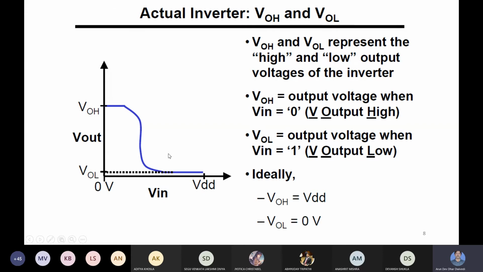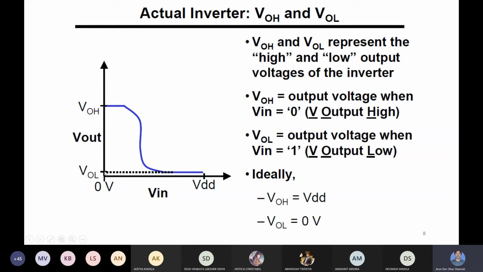This is the main important point: when you are getting VOH, the input will be 0. Another definition we can say is that when the input is 0, logic low, the maximum output voltage you are getting is VOH.